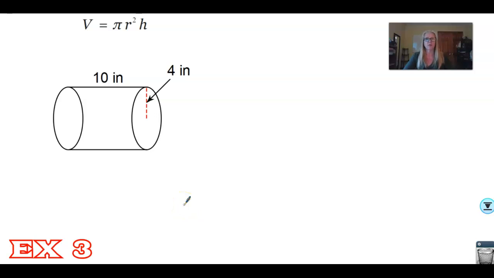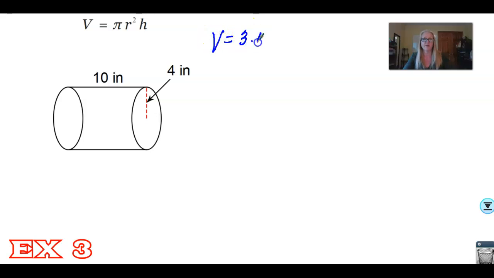Now, this is an example where the cylinder is on its side. Like I was telling you, this doesn't really look like a height right now, but it is. You always have the measurement of the circular part of the can, and then you have the other measurement. That's called height. Here they did give us the radius, so we have volume equals pi.